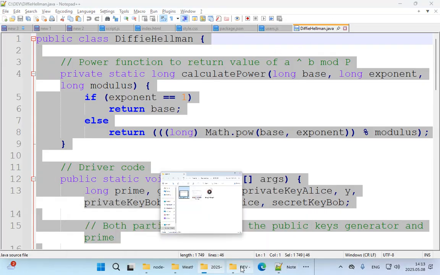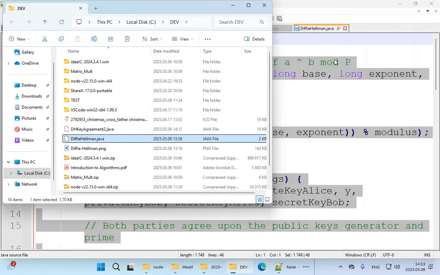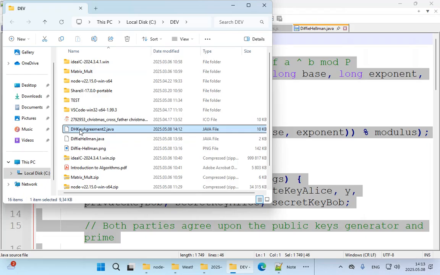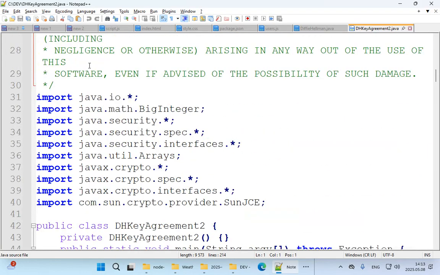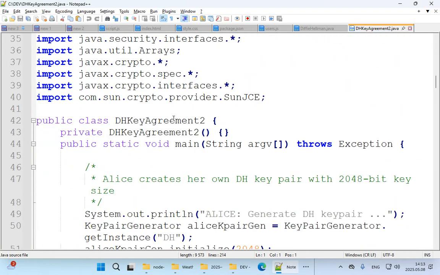So we need to open one more. This is taken from the official Java web page, and we have to make this class.